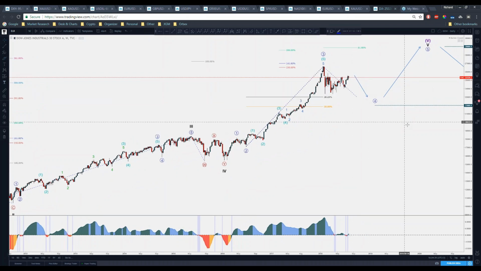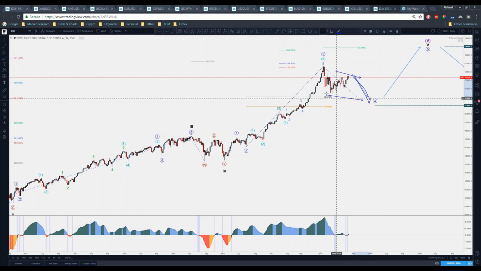So basically, let's just pretend that this would happen. Wait for the 38.2 hit of the primary degree, which is 23,000. I do see 22,200, but 23,000 is the default measurement for a wave 4. 38.2, 23,000 Dow Jones. If it goes there, what could be the next?